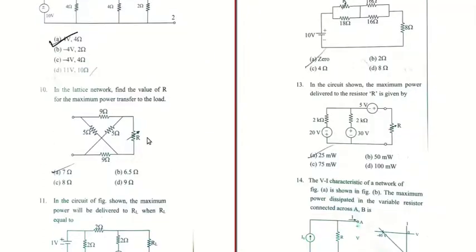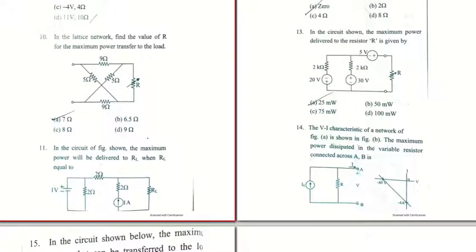In the next question it is asked, for the lattice network, find the value of R for the maximum power transfer to the load. Whenever maximum power transfer is asked across a particular resistance, we have to open circuit that resistance and find out our RTH.